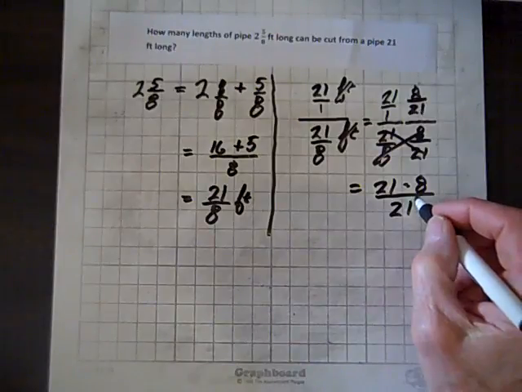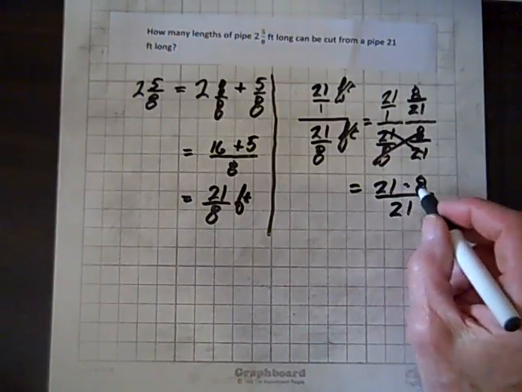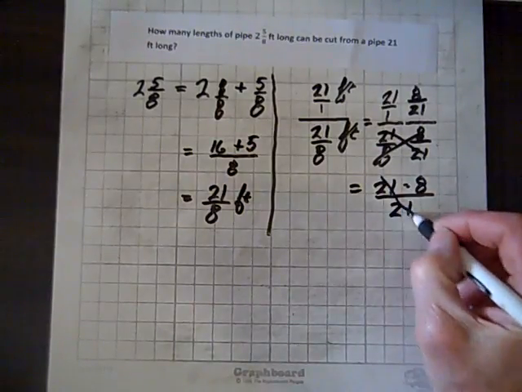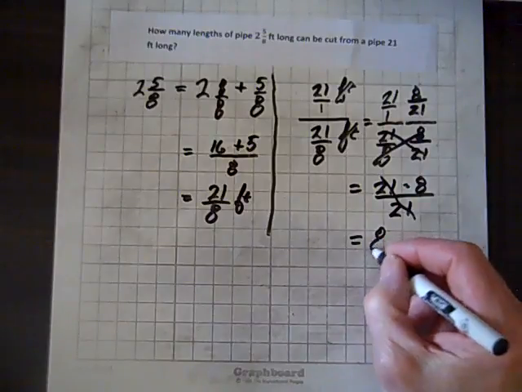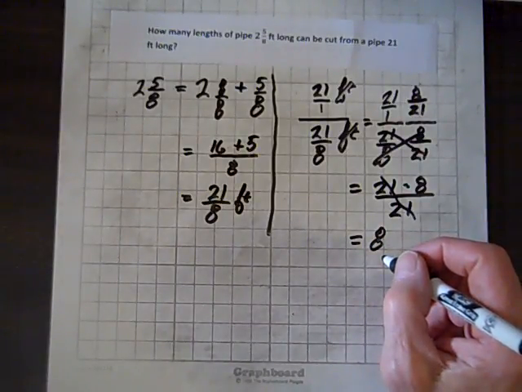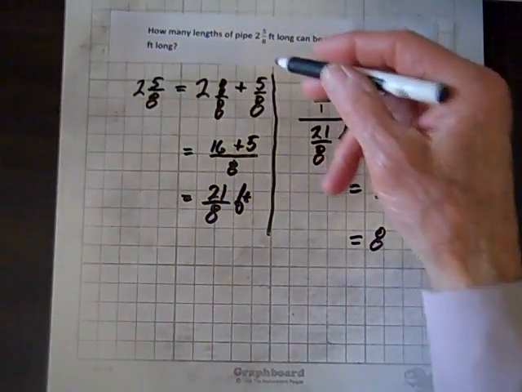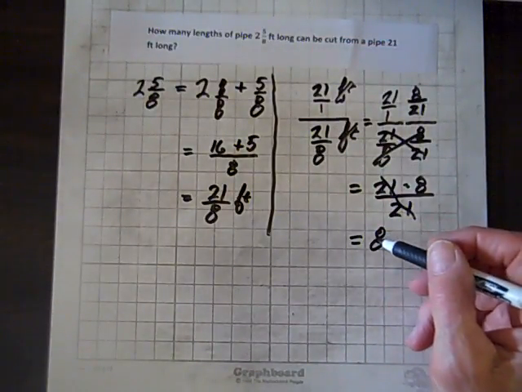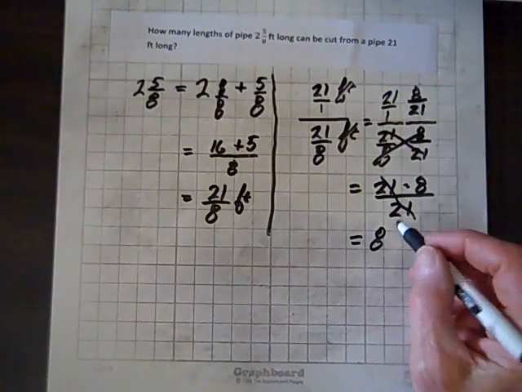Now, as long as it's a product, as long as you don't have a plus or minus sign here, everything's multiplication, things just divide out, and we're left with 8. So there's 8 segments that can be cut, of a length of 2 5/8 feet, from a pipe 21 feet long.